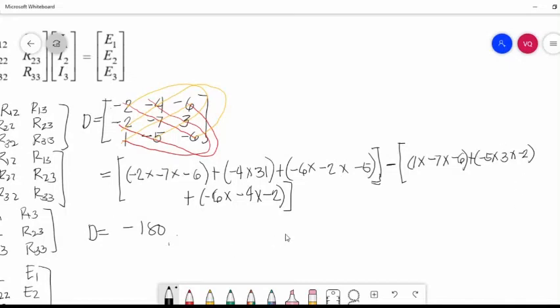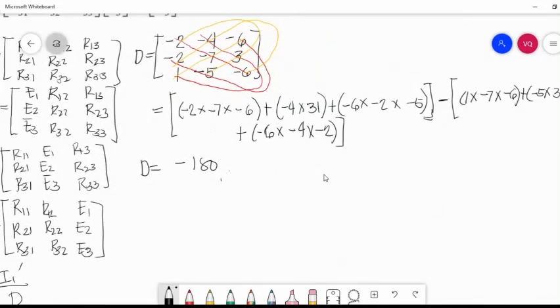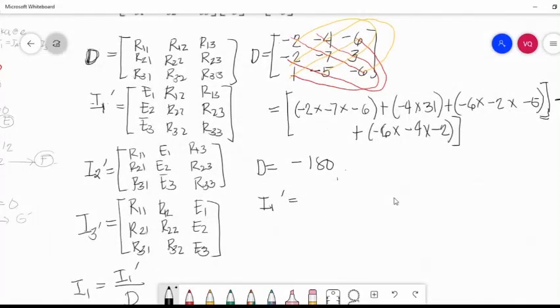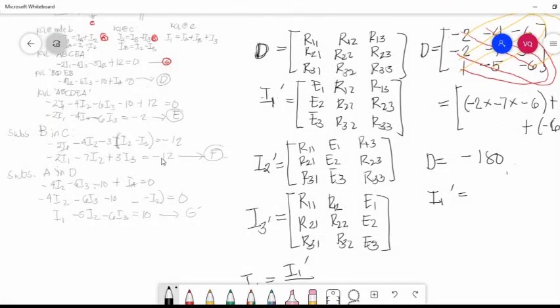Next one is our I1 prime. So I1 prime is equal to our constants. So yung mga constants dun sa equation natin are negative 2, negative 12, and 10.